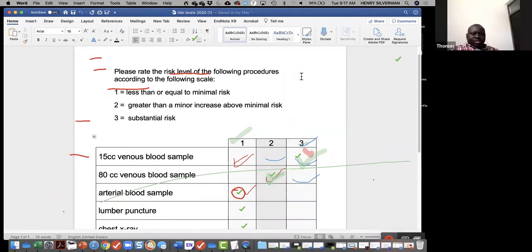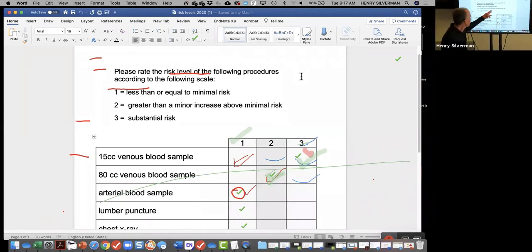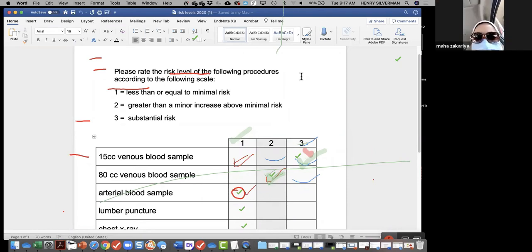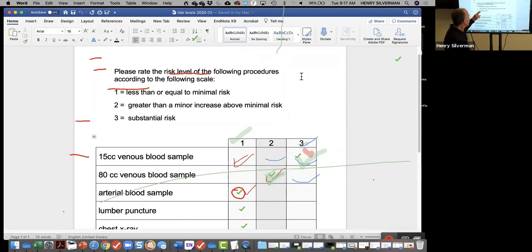I think it's greater than a minor increase above minimal risk. Oh, arterial blood sample. I'm sorry, this should really be just a minor increase above minimal risk.